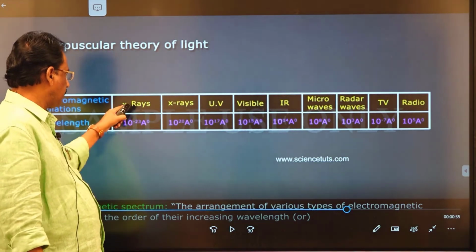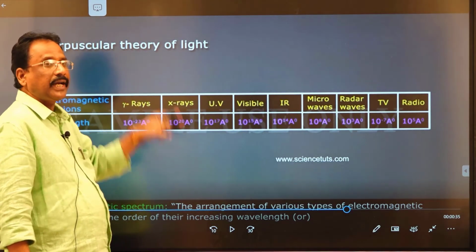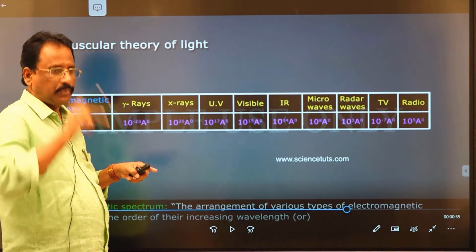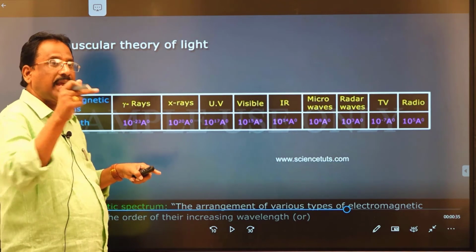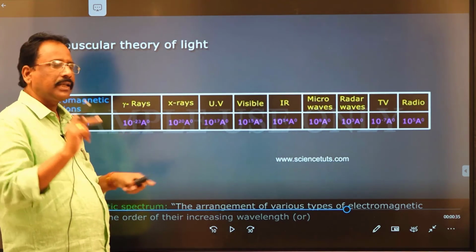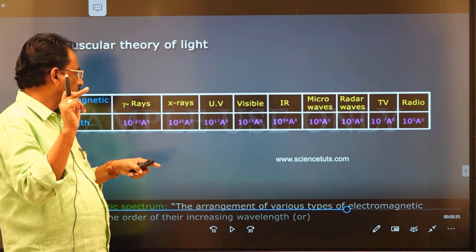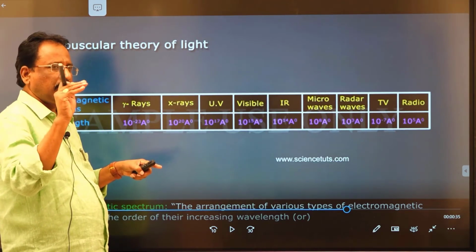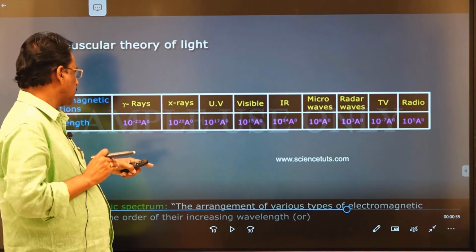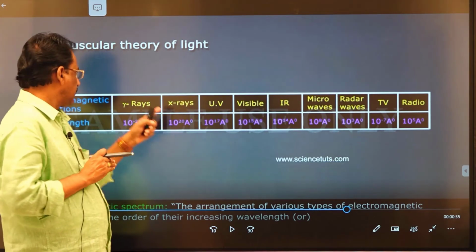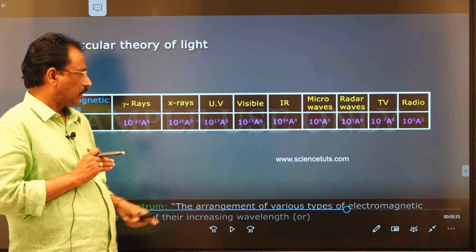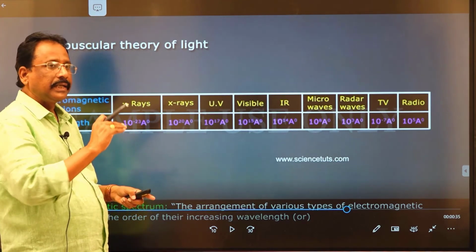The energy of gamma rays is very high because its lambda is very negligible, equal to 1 angstrom. For X-rays, the maximum limit of lambda is about 150 angstrom. So from left to right, the energy of the various types of electromagnetic radiations decreases.